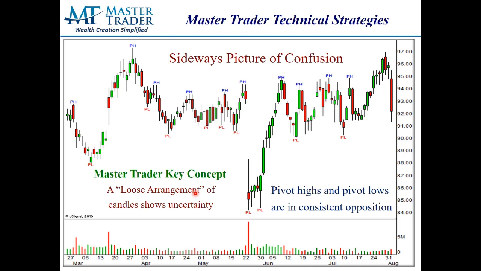Just stay away from it. Wait until it's clear as to what's happening. It's trending. The consolidation has tightened up. So this is, again, what we call a loose arrangement of candles. So we wait for it to begin to tighten up. Of course, we're going to look to see if there's a tradable void if we're thinking long, up above, or a tradable void below if we're thinking short.